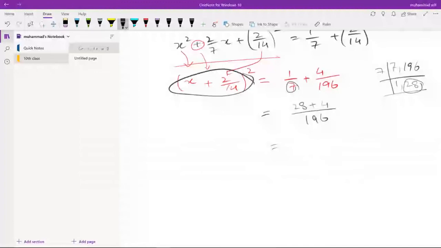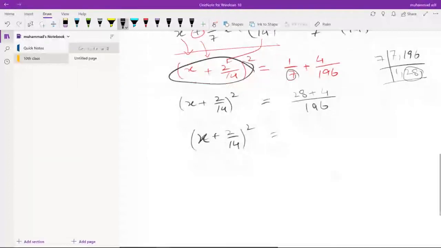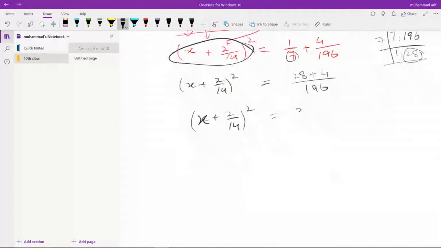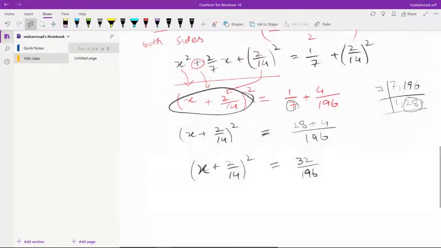On the left hand side, we have x plus 2 by 14 whole square. On the right hand side, after adding, we get 32 by 196. Please cross check. Is it clear to everyone?